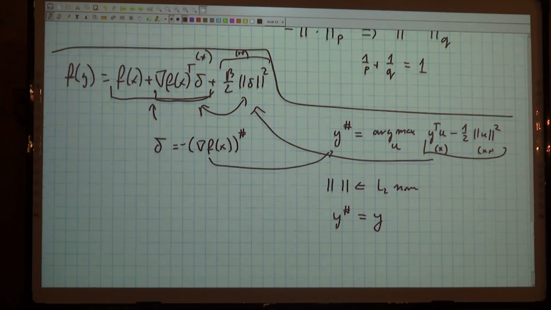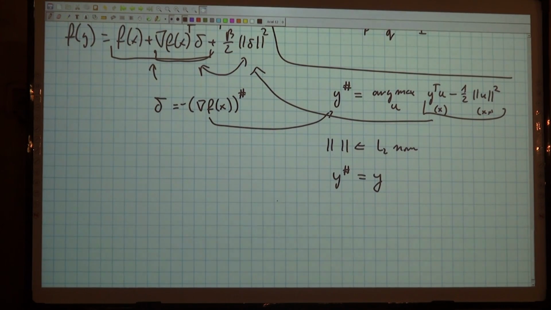But for other norms, like the L infinity norm, this is not so, because what you get is a vector whose ith coordinate is just the sign of y_i, times the L1 norm of y.